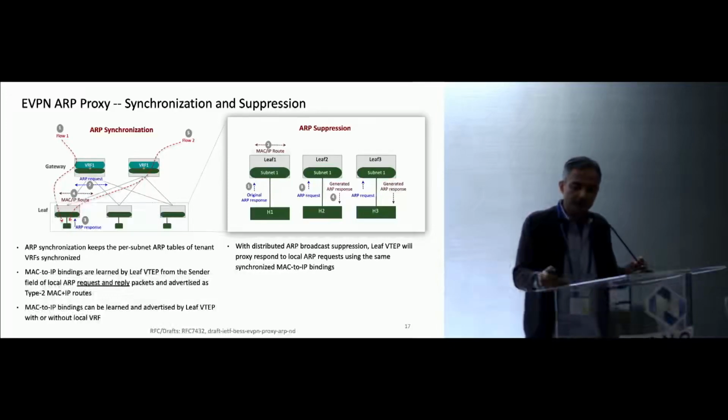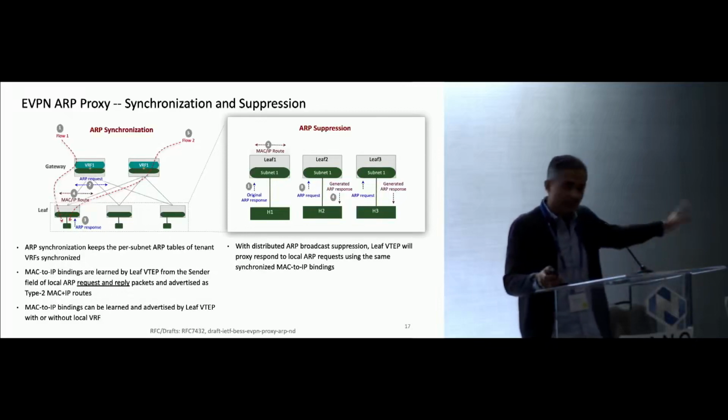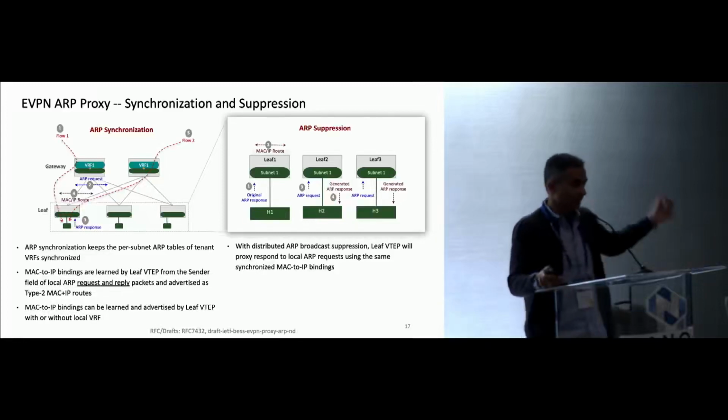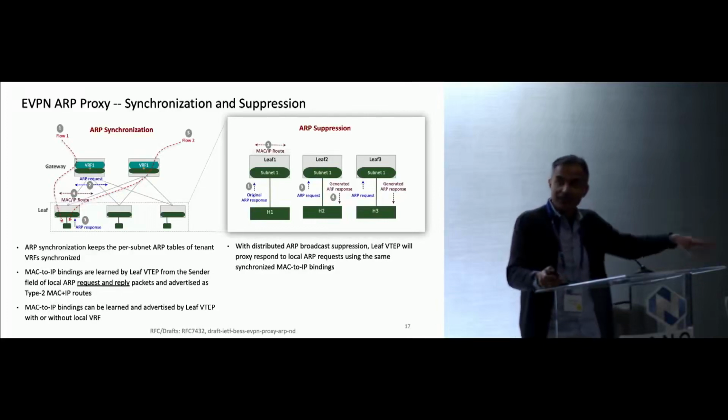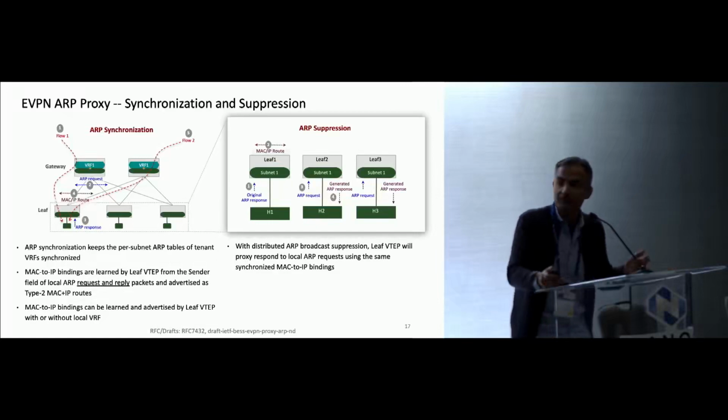So now, if it doesn't have the IP MAC binding entry, it will just re-inject the packet and let it flood. Okay. And when the response comes back, if a response comes back, the VTEP that's closest to the responder will take the ARP response, extract the MAC plus IP binding from its sender field, and advertise it in the control plane, and that will be the last time that that thing will get broadcast again, right?